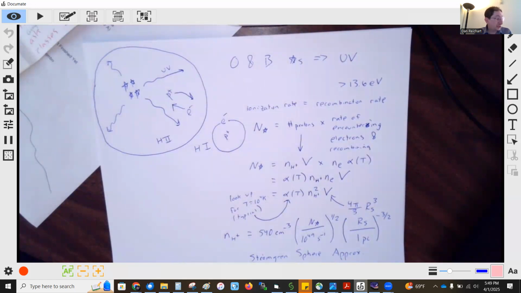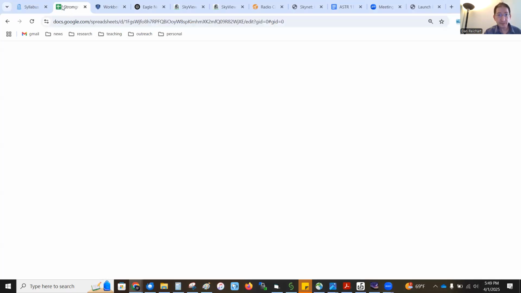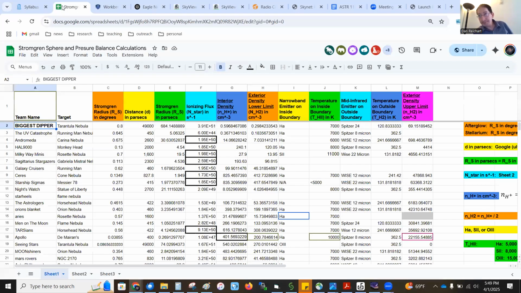Okay, so to do this, we need to figure out the size of our region and the number of ionizing photons. Now there's a table, let me show that to you, linked in the lab, or linked in the module guide. My students just did this in class today, so it's full of numbers.